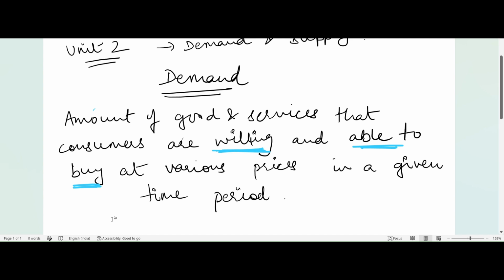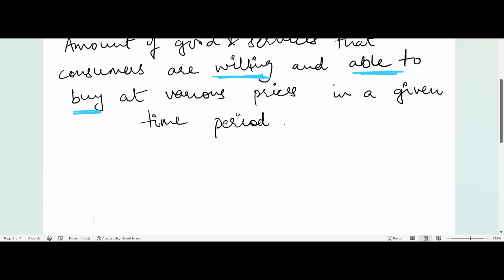This is a theoretical one, a concept. Now let's look at how we derive it. This is the written definition of demand. If I want to show demand as a graphical representation, then it is termed the demand curve.